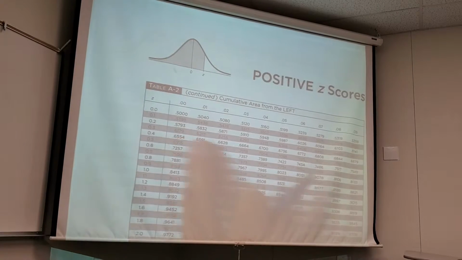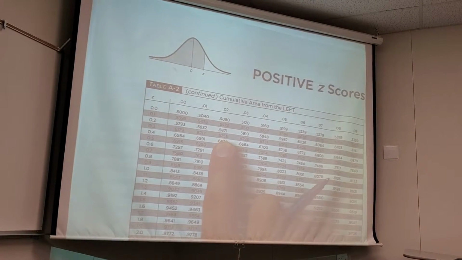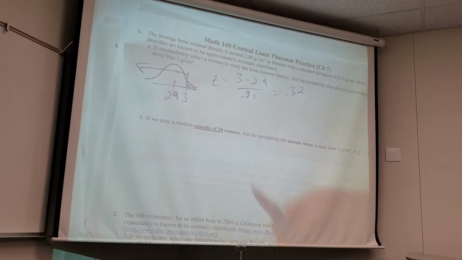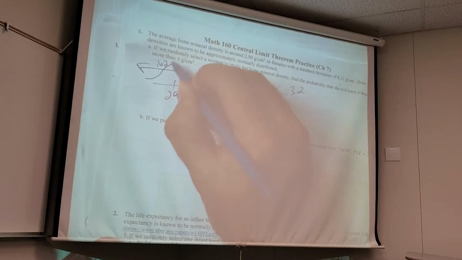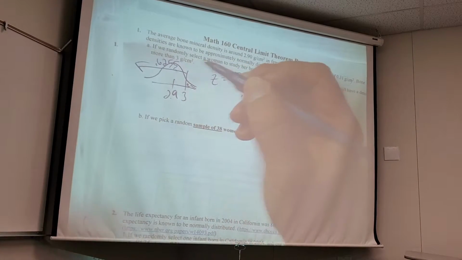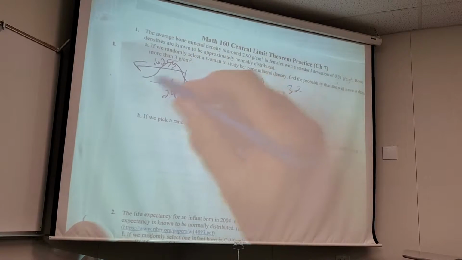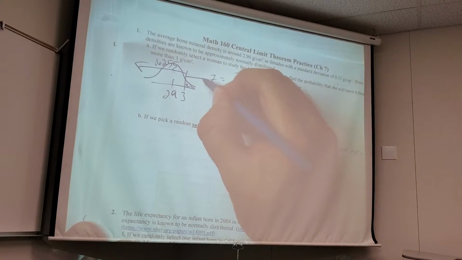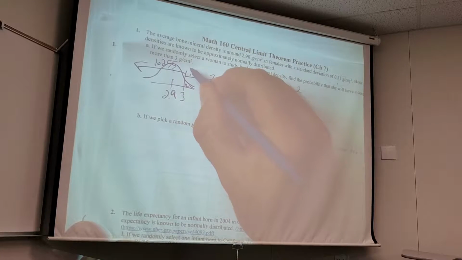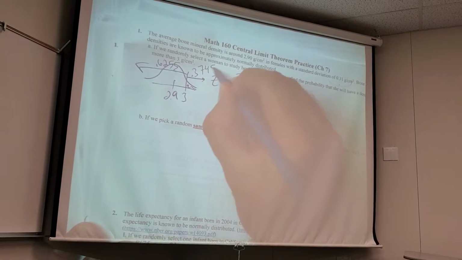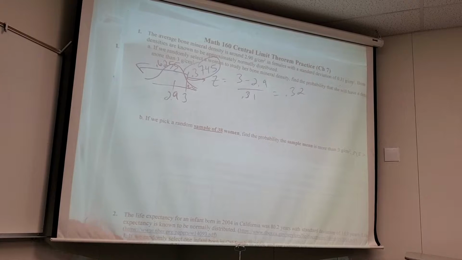I saw most of you guys got this 0.6255. So that goes here. Just make that a habit. The minute you look up the z-score, put it below what you just looked up. And then go, did I answer the question? Ah, no. So 1 minus that, 0.3745. So I saw most everybody getting that.